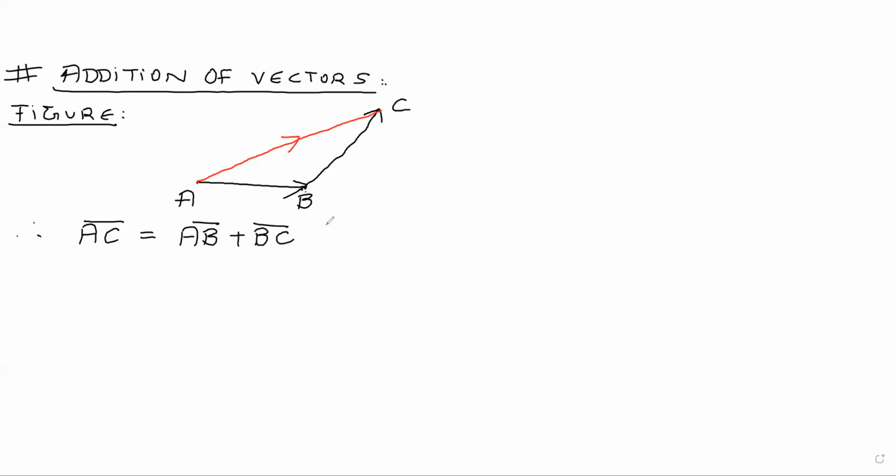And this is called the triangle law of vector addition.